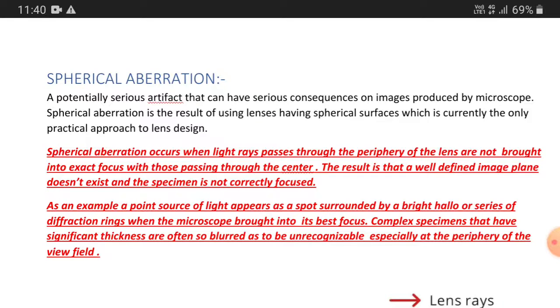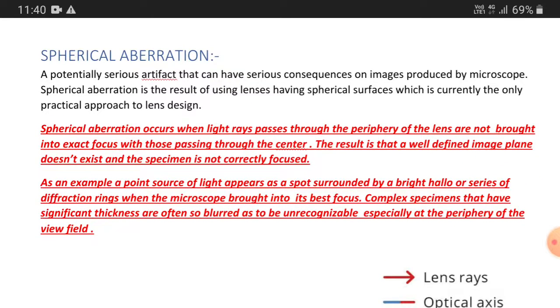So spherical aberration is due to the spherical nature of the lens, as a result of which a well defined image plane is not formed, and as a result the specimen is not well focused. That is why a point source of light appears as a light spot surrounded by bright halos or diffraction rims when the microscope is brought into its best focus.